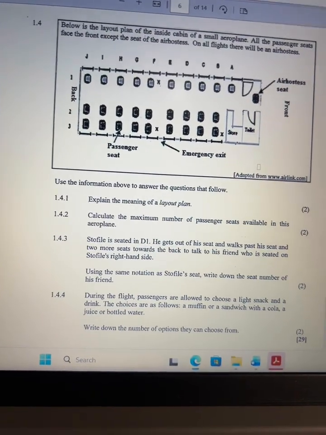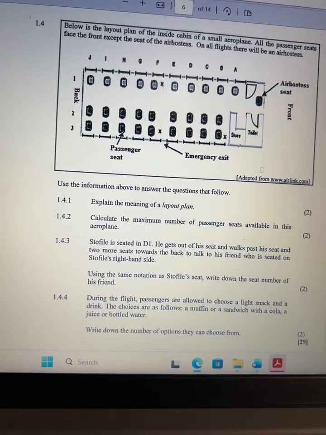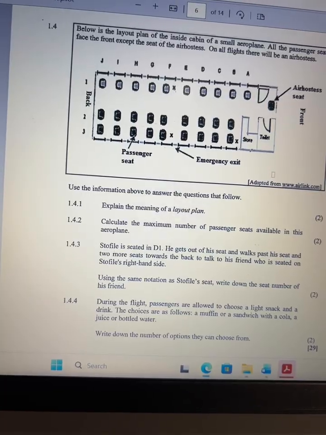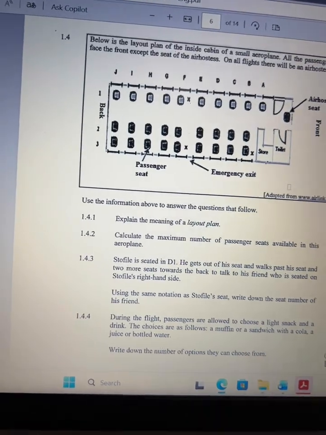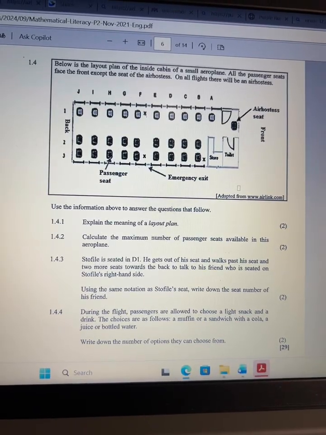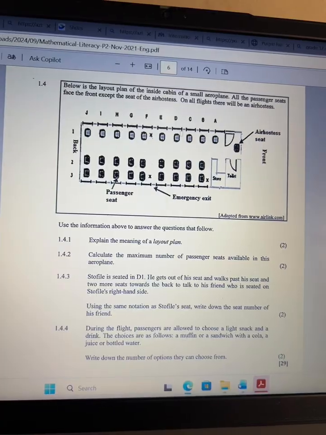And then let's go to 1.4.3. They said Stoffel is seated in D1. He gets out of his seat. D1 is here.